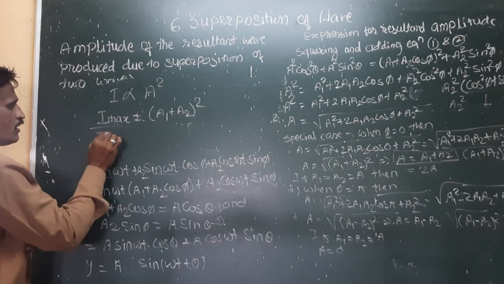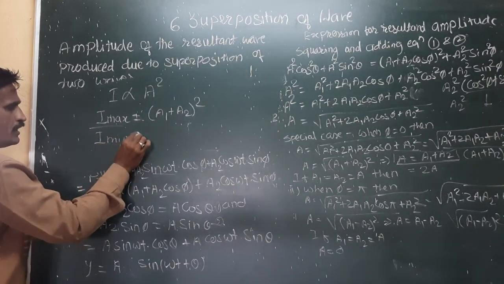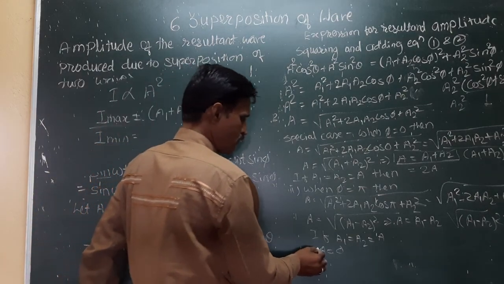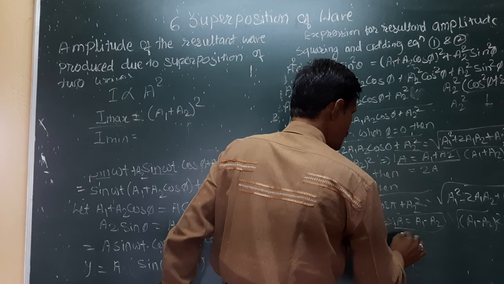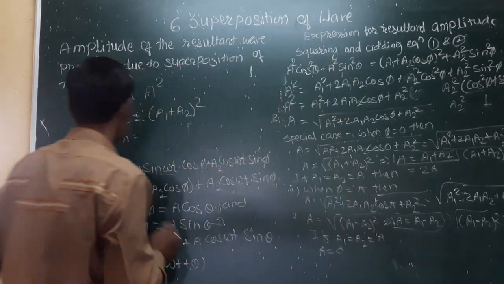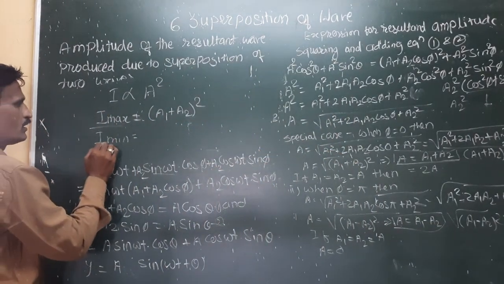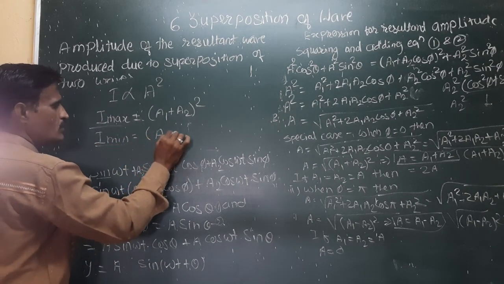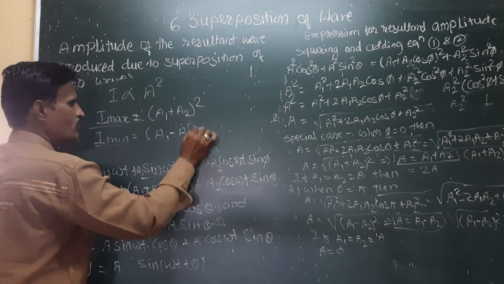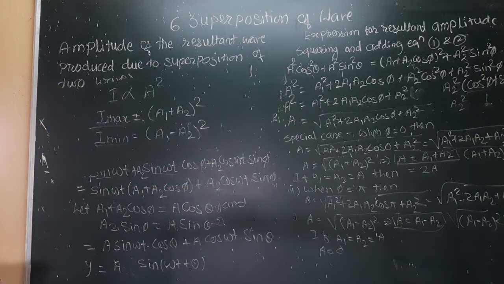Similarly, for minimum intensity, we have said that the minimum amplitude is a1 minus a2. So putting this value in this equation, we get minimum intensity is equal to (a1 minus a2) whole square.